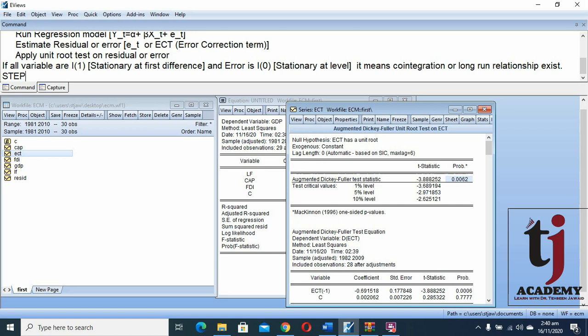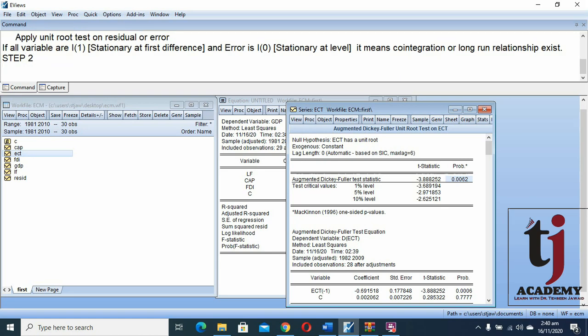Step 2. In step 2, first we have to run the short run model with the lag of the error correction term as an independent variable.